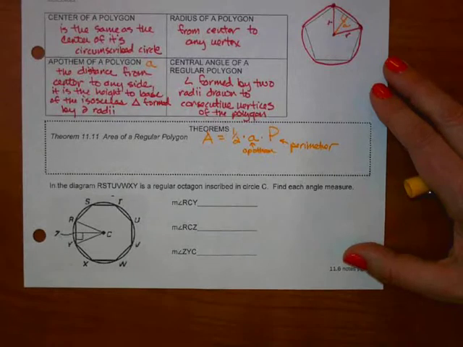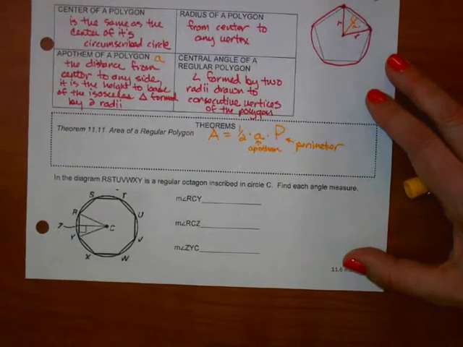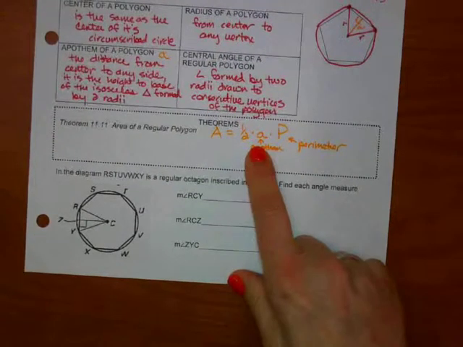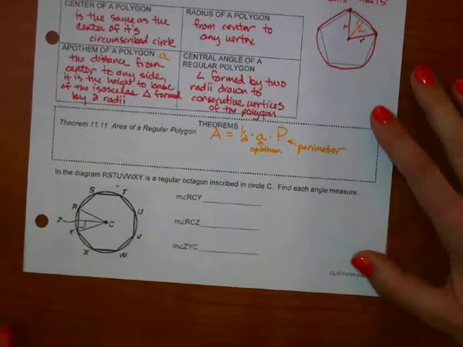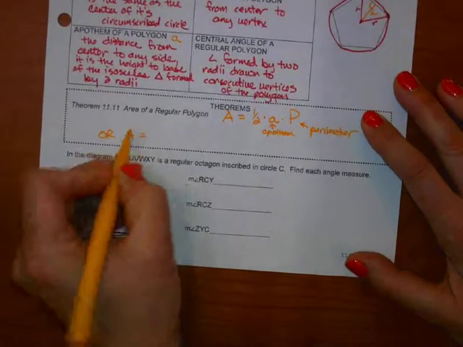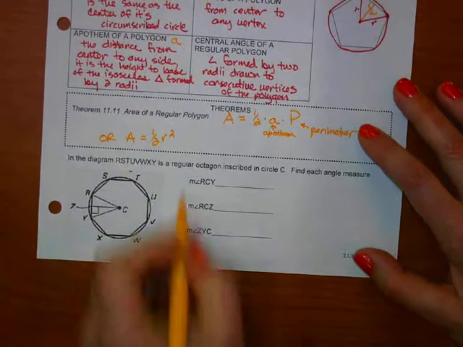Now, there is another formula that can be used to find the area of a polygon. Sometimes I think it's confusing to have 2. Please pay attention to this: you can do this whole section with this formula if that's the only one you want to remember. But sometimes it's more work, depending on what they give you. So the other formula is this. 1/2 r squared, the r stands for what?